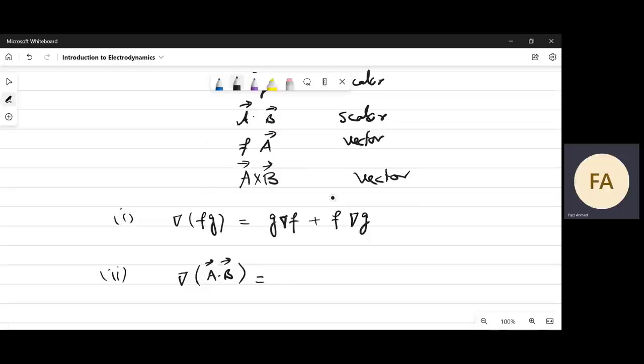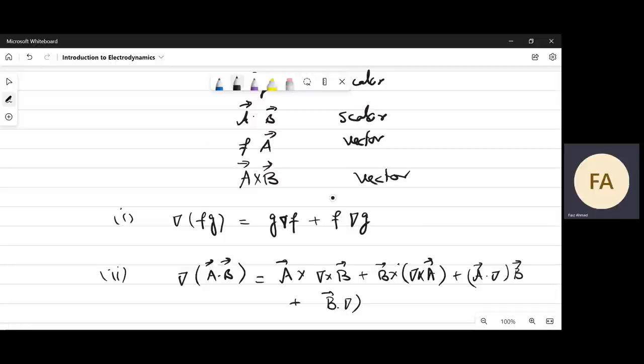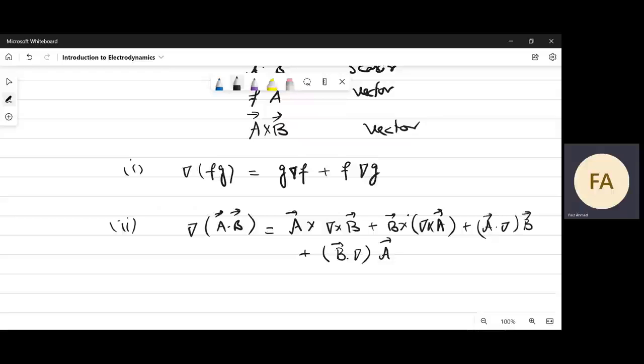It turns out to be A cross (del cross B) plus B cross (del cross A) plus (A dot del) B plus (B dot del) A. This is a lengthy formula, but we will not be using it too much.